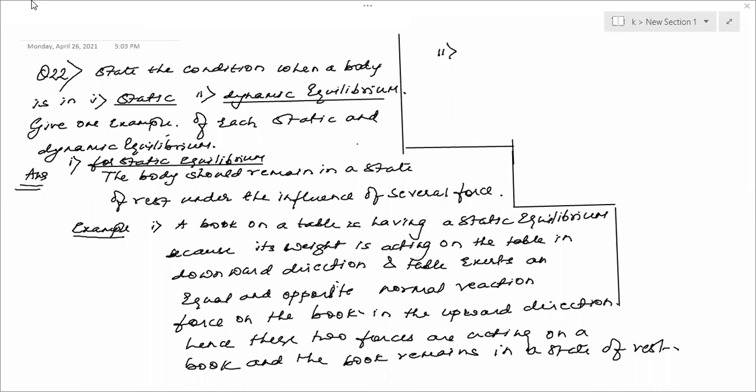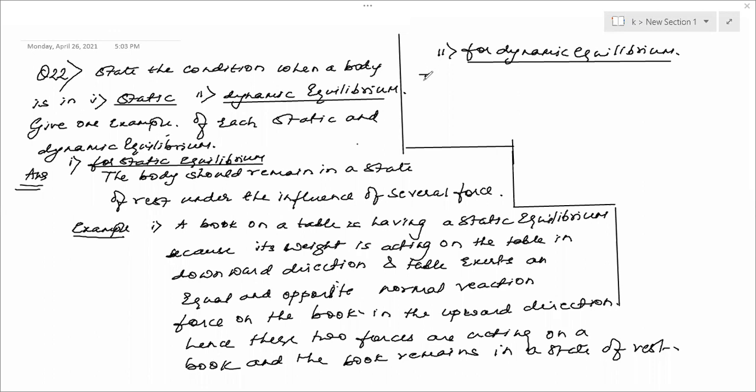For dynamic equilibrium, the body maintains its state of motion, either linear or rotational, in spite of several forces acting on it.